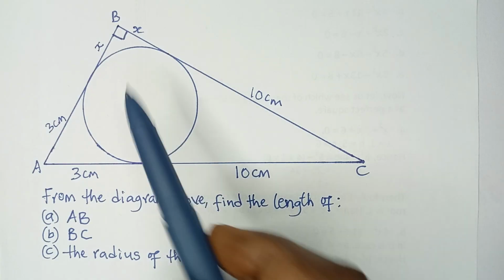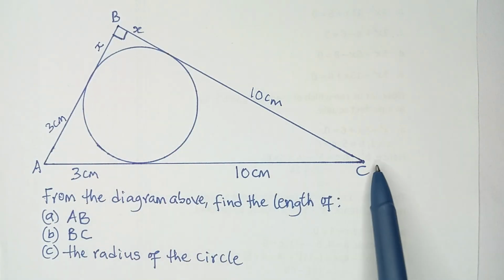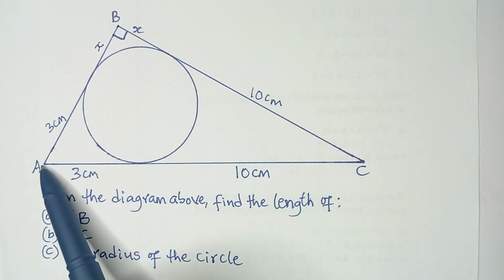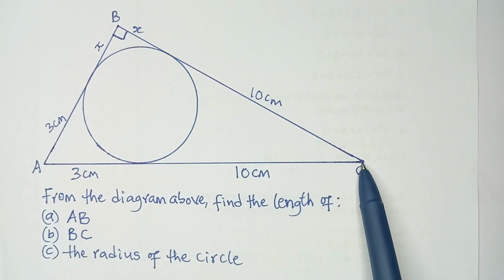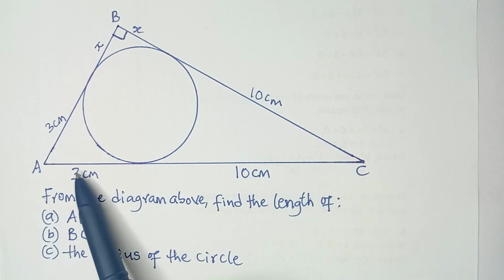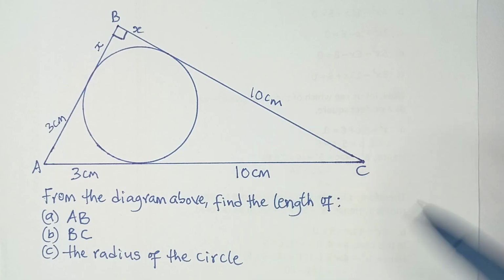Now, look at this triangle. It is a right angle triangle where the right angle is here and this is the hypotenuse. So this full length AC is equal to 3 plus 10, which is 13.